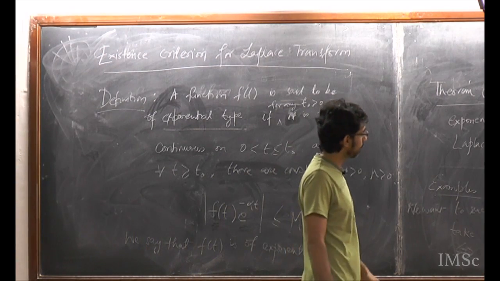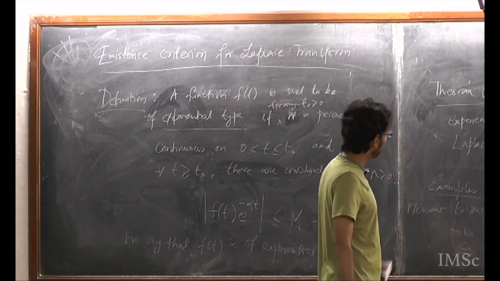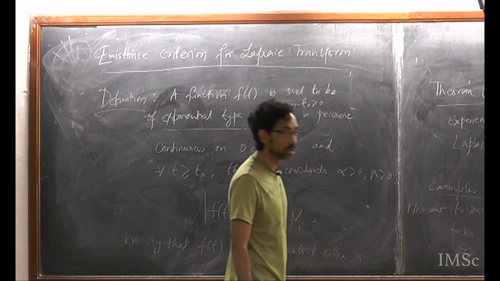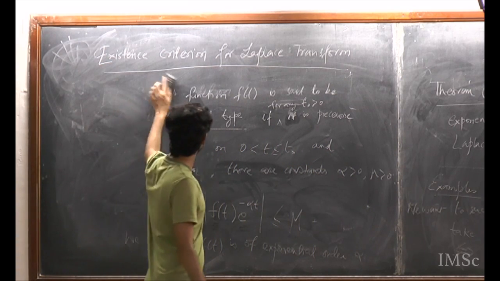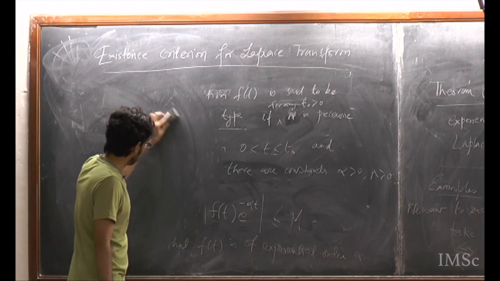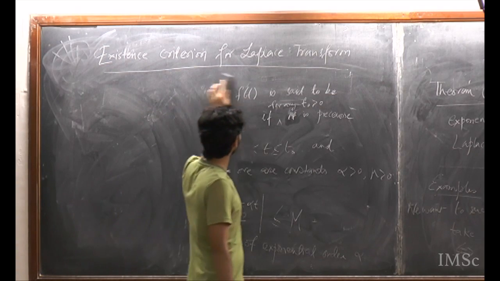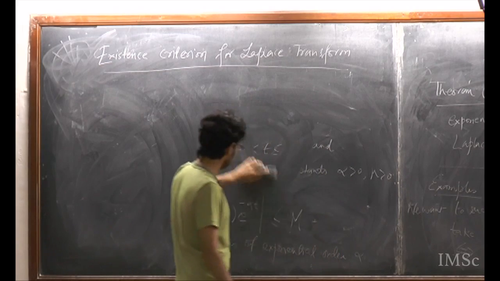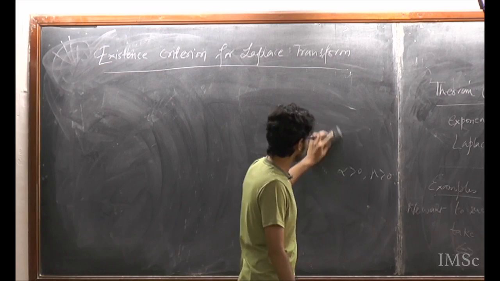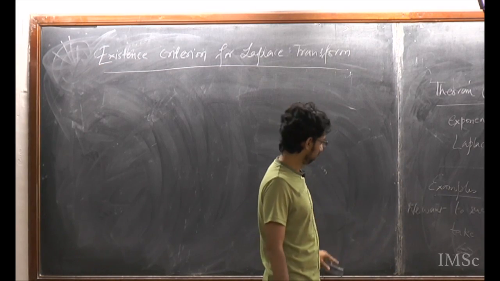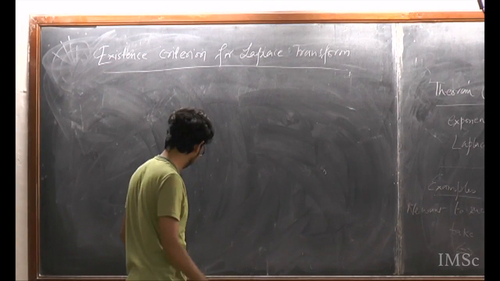I thought of doing the proof of this, but let me move on and compute some more examples. Maybe I can prove it also in the tutorial classes or in the next classes. For the moment, I leave it without proof, okay?